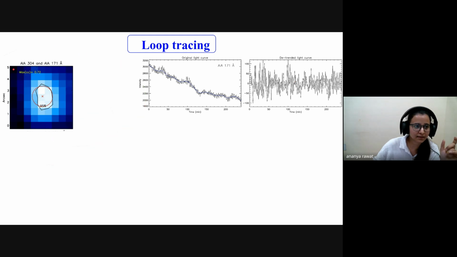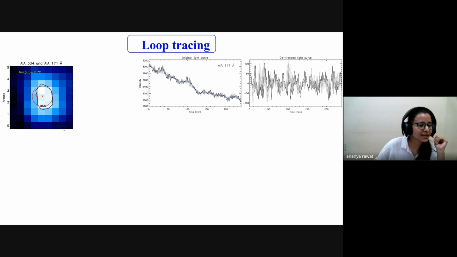We determine the light curve in AIA 304, which represents the transition region. We determine the light curve at each pixel in this 5 by 5 arc second box, correlate it, determine the maximum correlation coefficient, and make this correlation image. In this correlation image, we can see a bright patch kind of structure.